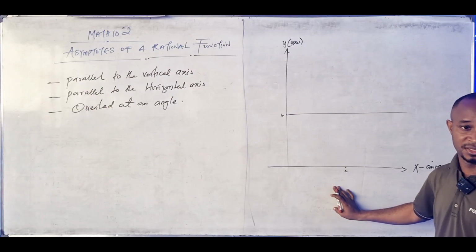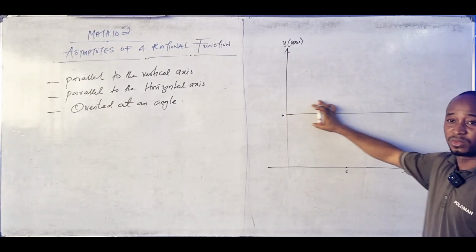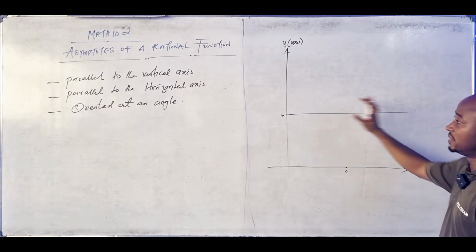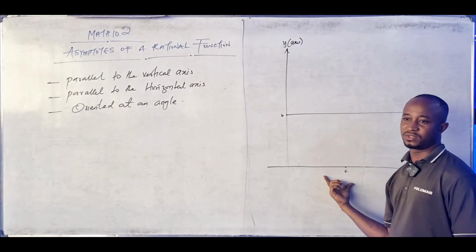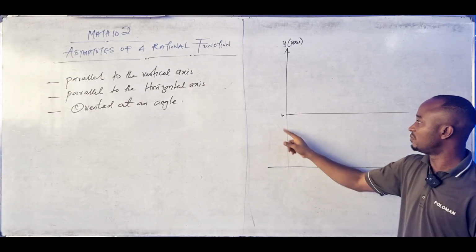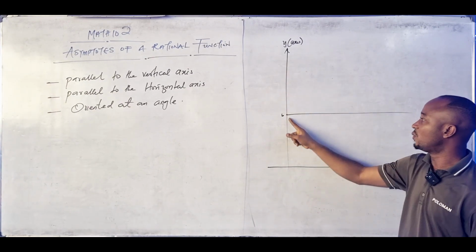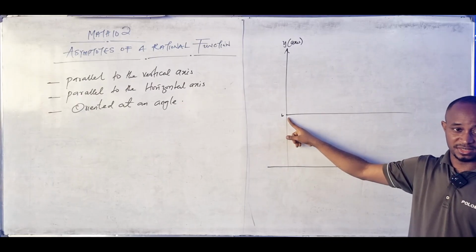Do you get the concept? We call this the horizontal asymptote. It is a straight line parallel to the horizontal axis, but it must meet the y-axis at a certain point called B.